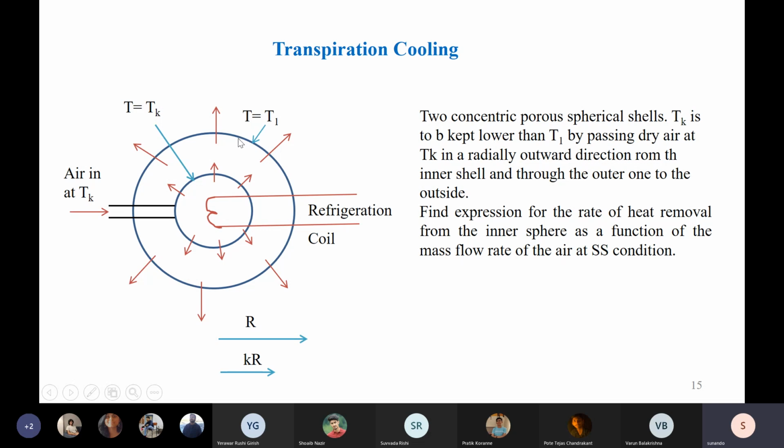If we can reduce that heat, then the load on the refrigeration coil would be less. So this is how we need to tackle the problem and find out how much heat arrives when you have a counter flow of convective heat, and how these compare: only convection, only conduction, and conduction which is opposed by convection. That is the crux of the problem. Is that clear now?